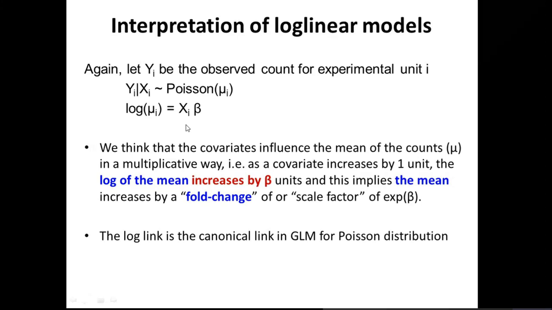We will see how the mean affects the outcome multiplicatively: when you change this logarithm into an exponential, as x increases by a certain unit, then y will increase not by a certain amount, but by a constant factor, the exponent of beta, like the hazard ratio or odds ratio.